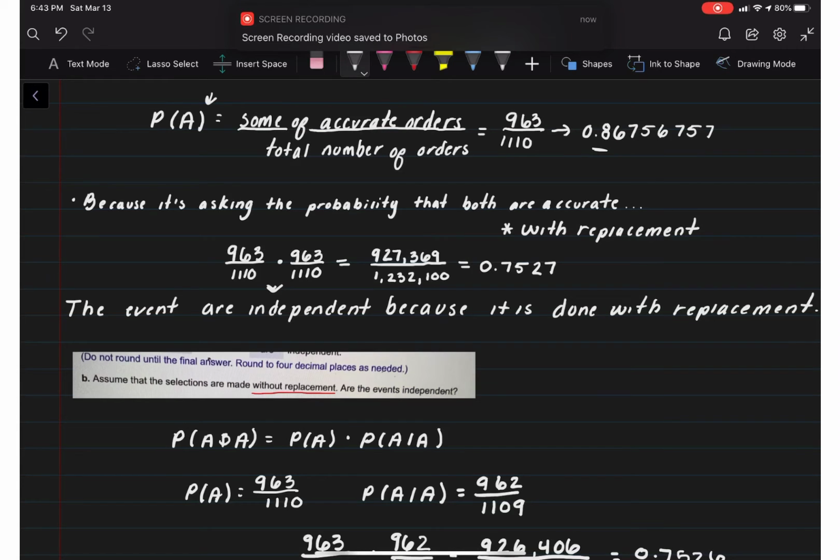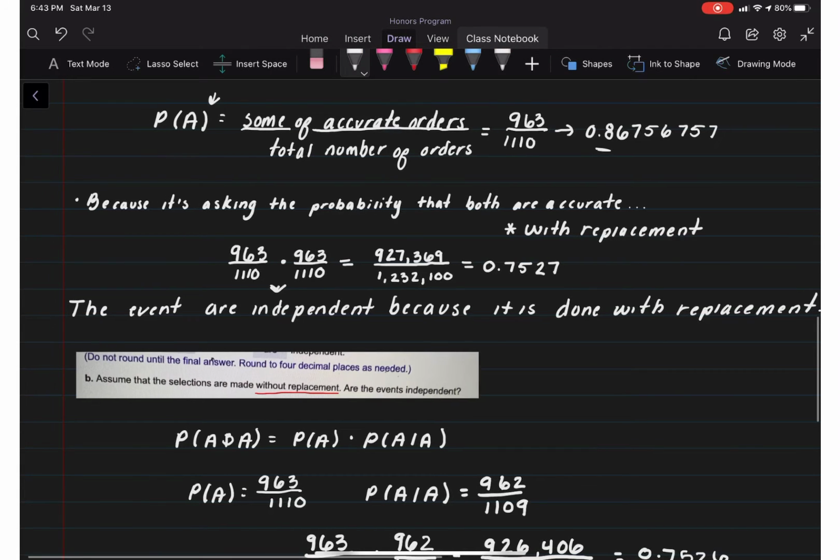Because it's asking us the probability that both are accurate with replacement, we multiply them together because it's asking us the same thing. For both of them, are they accurate, not whether it's blue or green. If it was like that, we'll multiply both those probabilities.